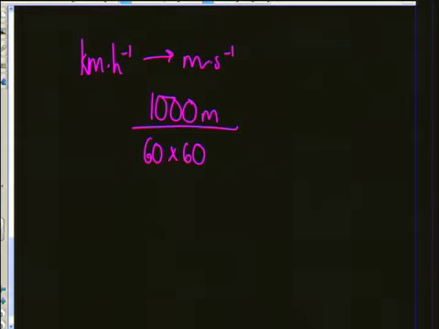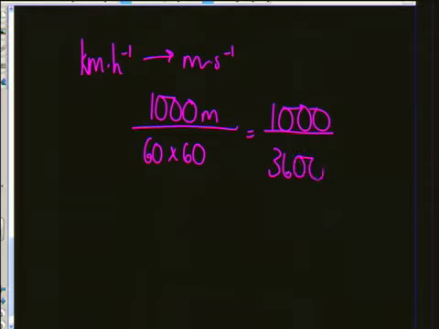So 60 times 60 is 3,600. That means you need to multiply by 1,000 divided by 3,600.